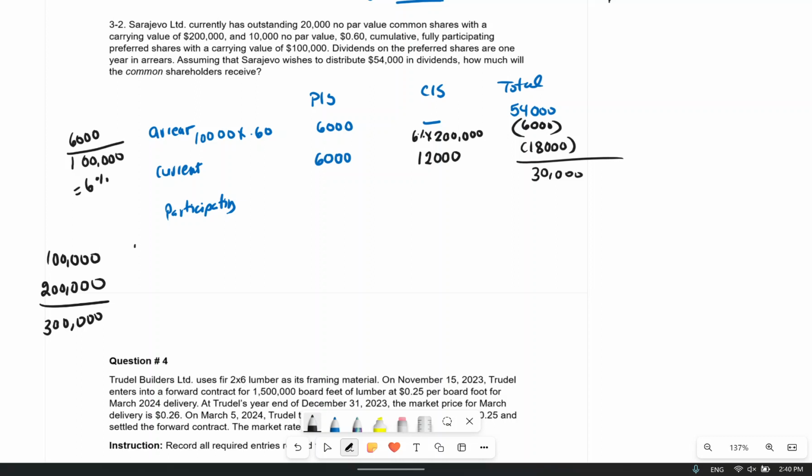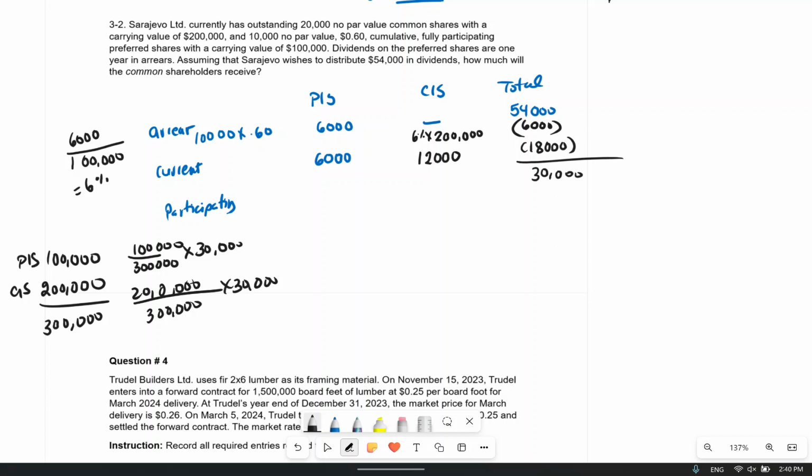That's the total equity. 100,000 divided by the 300,000 multiplied by the 30,000. Then this is my preferred, this is my common. 200,000 divided by 300,000 multiplied by the 30,000, and let's see what number we get.